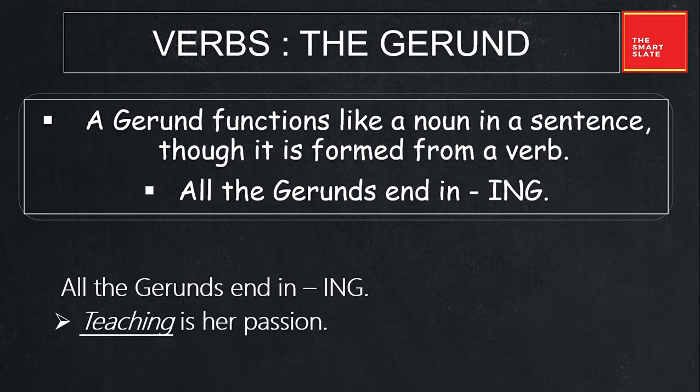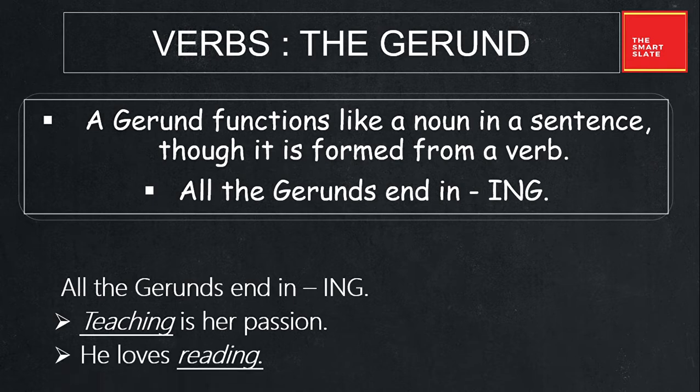Teaching is her passion. Now teaching here acts or functions like a noun. It is not a verb, but if you notice the word teach, you can say it is a verb, and when you add ing to the verb teach, it becomes teaching. So teaching is her passion, and teaching acts like a noun, so it is a gerund.